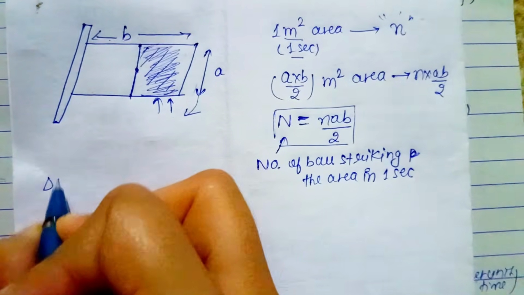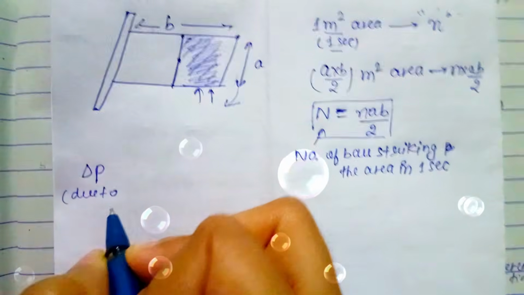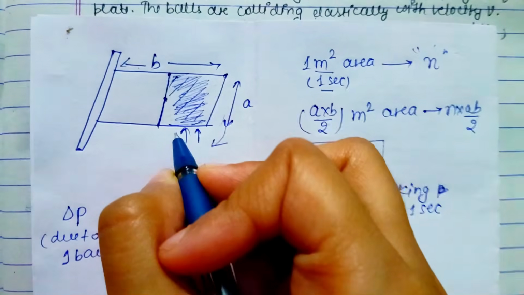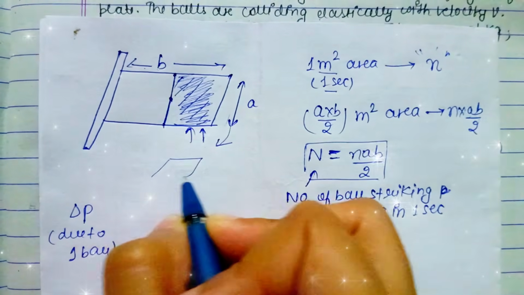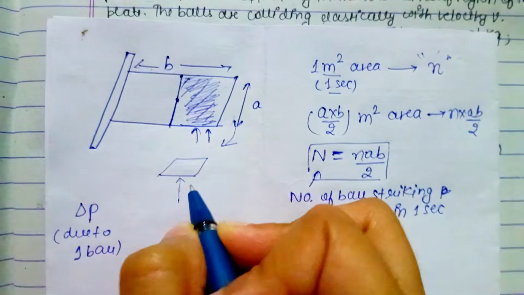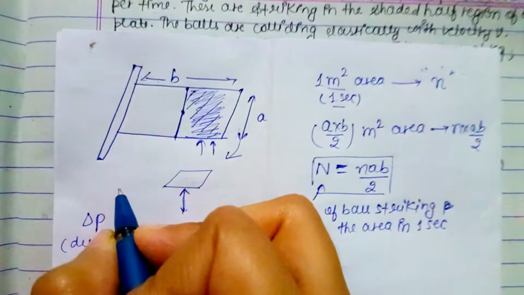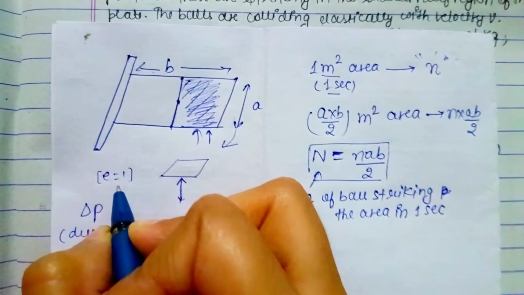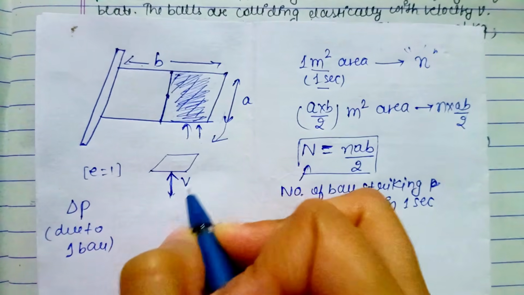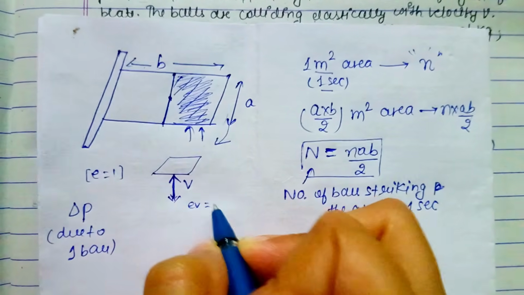Now let us see the change in momentum due to one ball. Suppose this is a horizontal plate. One ball comes from the downward direction and collides, then goes back. Here e is equal to 1 because this is an elastic collision. So if it strikes with speed v, then it returns with speed ev, which is nothing but v.